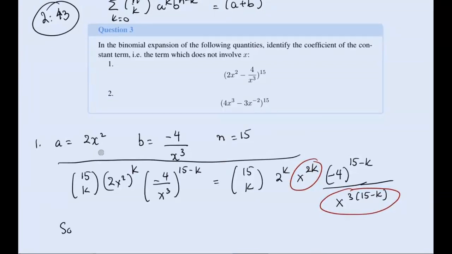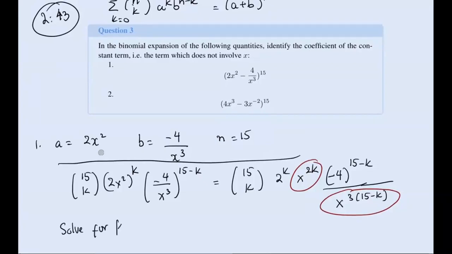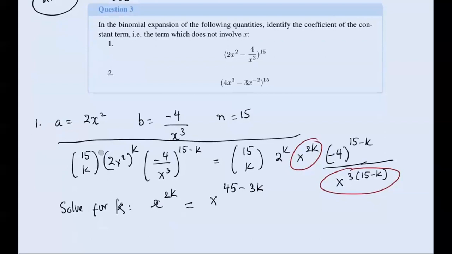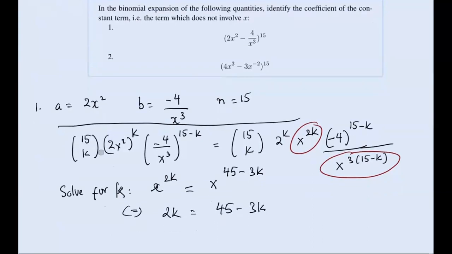So I will have to solve for k such that x to the power of 2k is equal to x to the power of 45 minus 3k. And this happens when 2k is equal to 45 minus 3k, because we have the same base, so we can just remove that and deal with easier math.